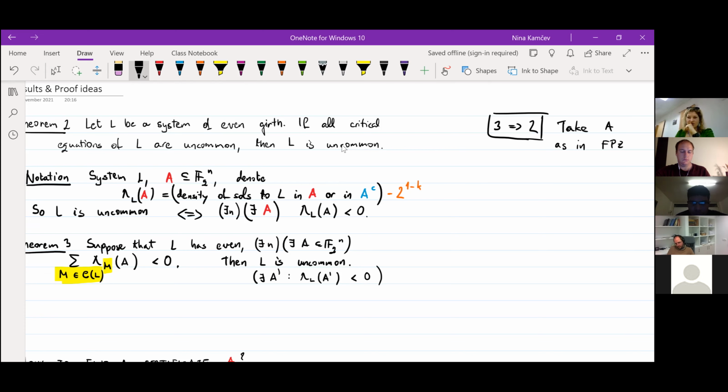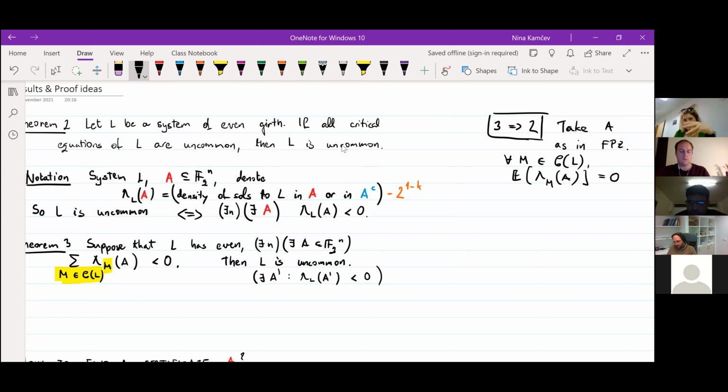What you need to use is that by assumption of theorem 2, each critical equation of L is uncommon, so this expected contribution of M is 0.